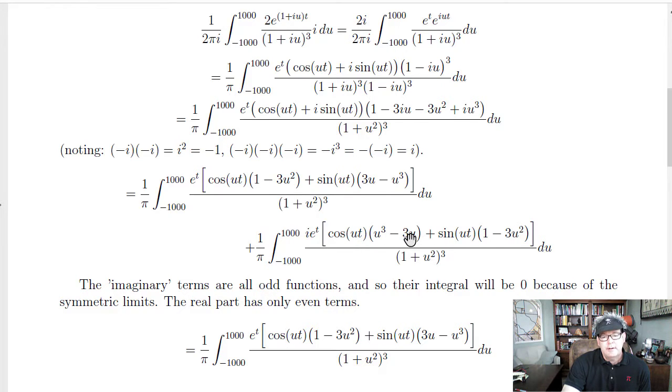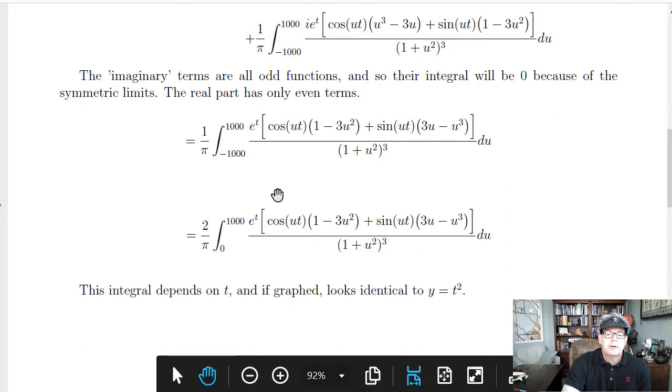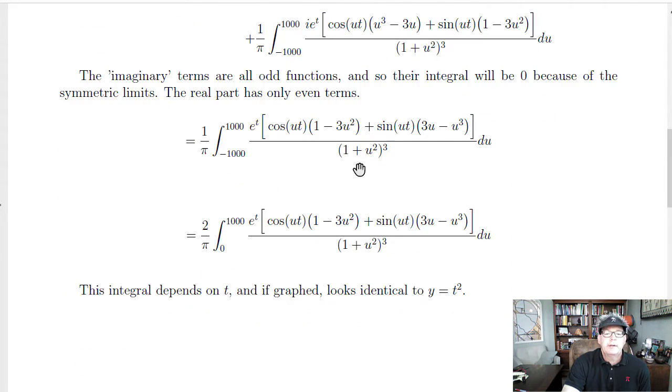It seems to always be the case in the ones I've done: the real part is always even, and the imaginary part is always odd. So then this will go to 0, and we just have this left over, which, since it is even, we can double and go 0 to 1000.